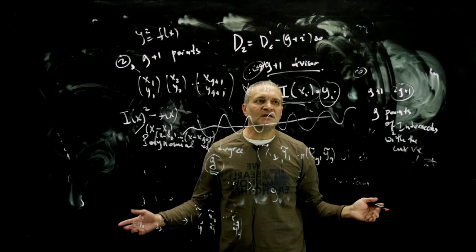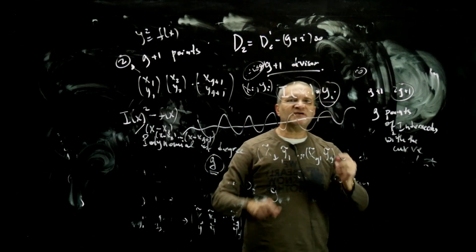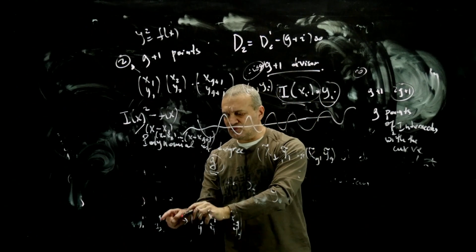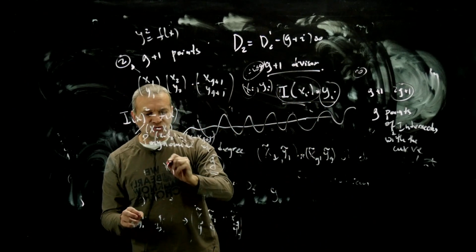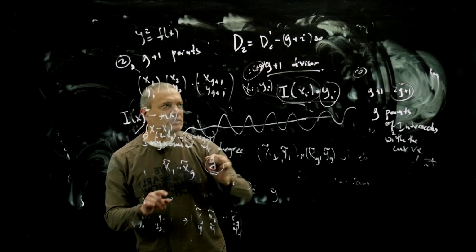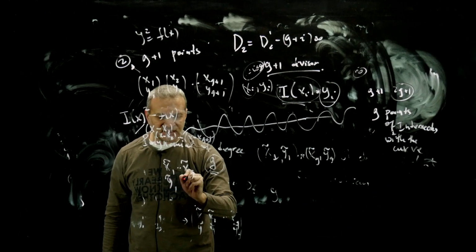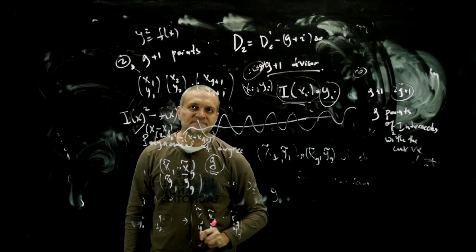Okay? So from here, if you know the roots x1 tilde to xg tilde, you can substitute them and you can get y1 tilde until yg tilde, something like that.